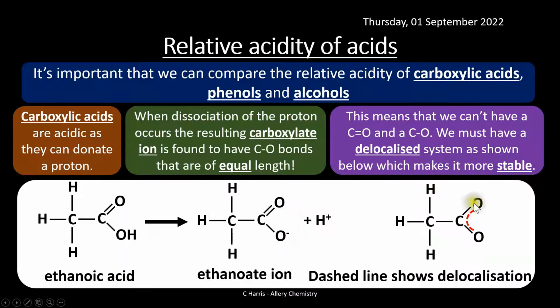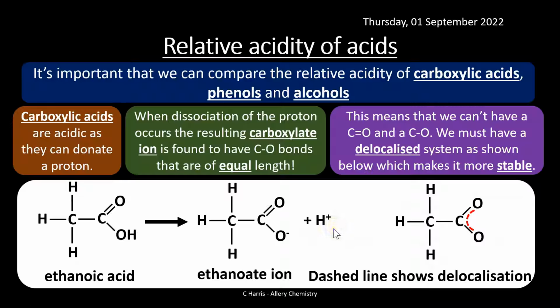It's not really that bothered about rejoining the proton, mainly because of the stability here. This delocalized system stabilizes the negative charge, and because the resulting ion is stable, the proton is left dissociated.